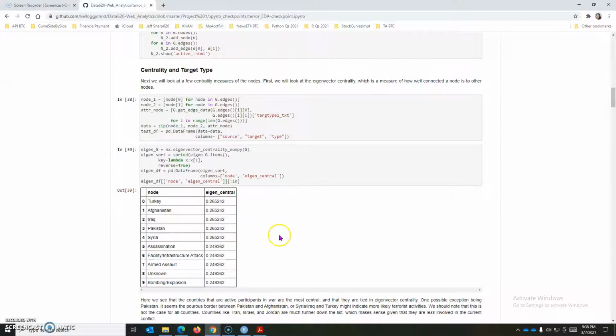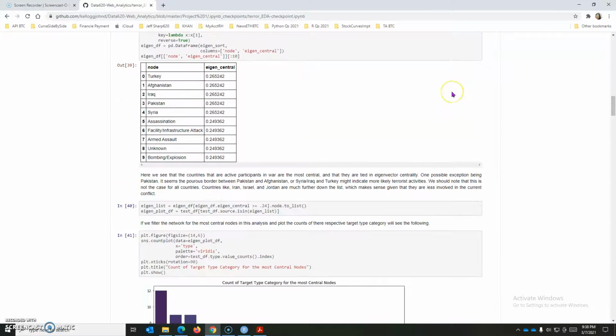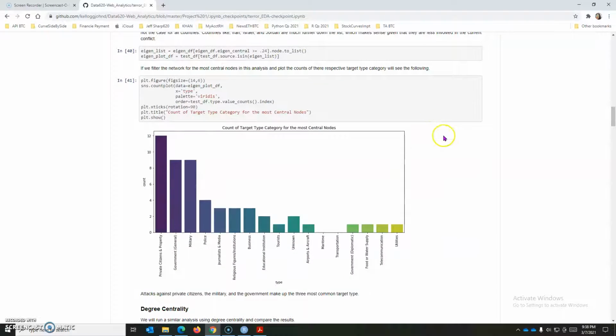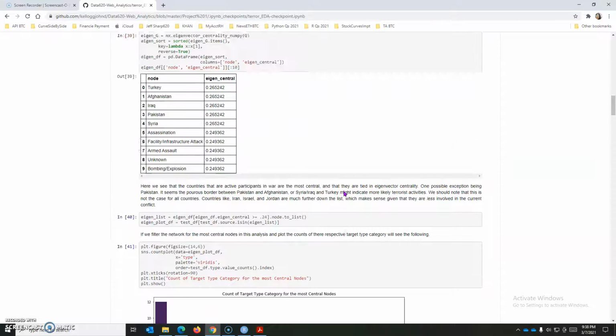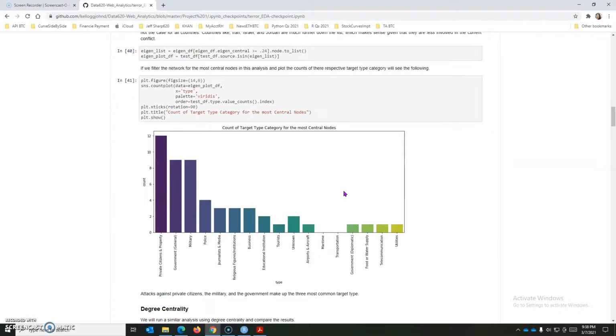And then moving on, to measure the centrality, we used two types of analysis. One is the eigenvector centrality, and the second is the degree centrality. And we plotted out the counts of target type, which is our variable, by the most central nodes for both analyses.